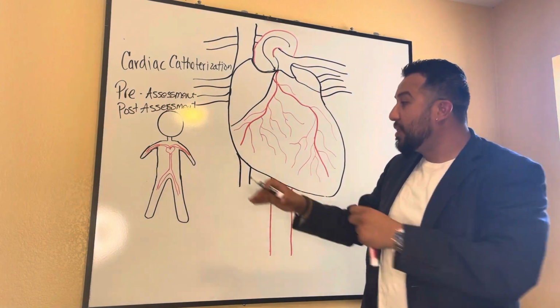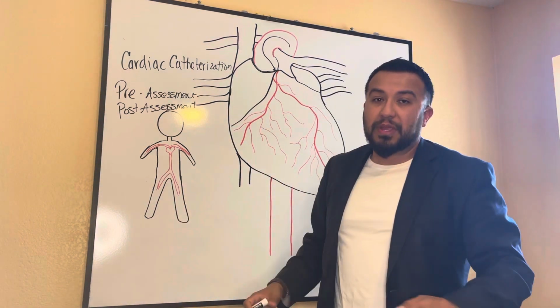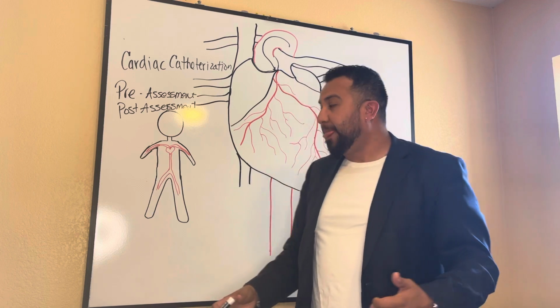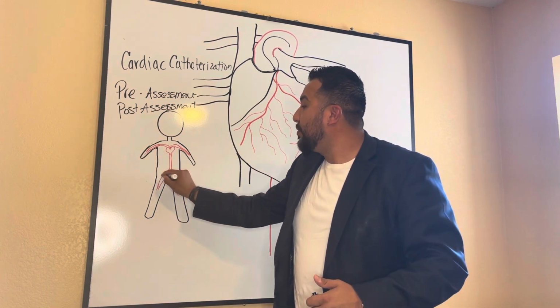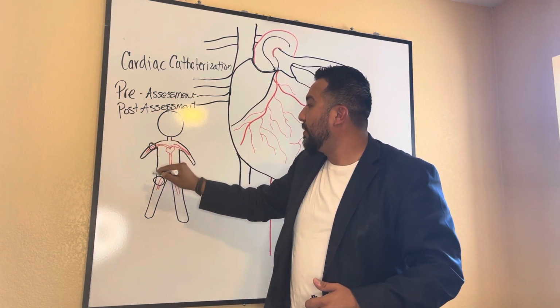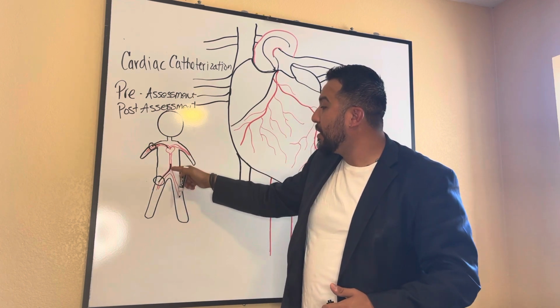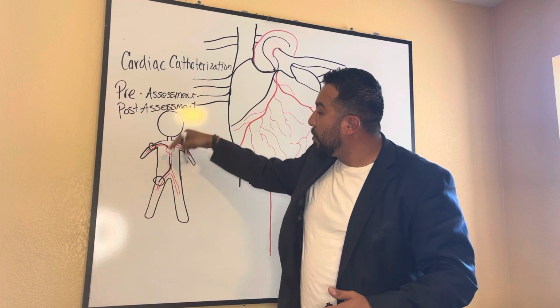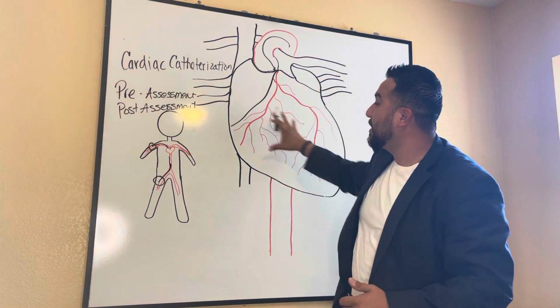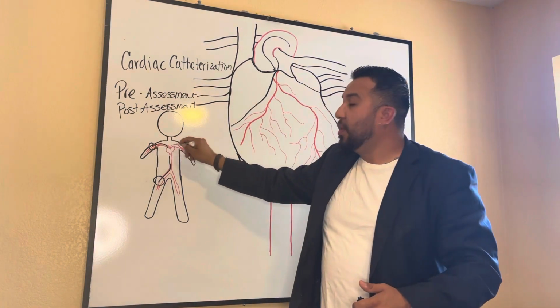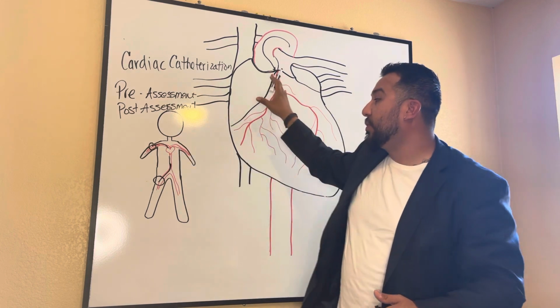So for instance, during the actual procedure, the patient's going to be on some degree of conscious sedation, and we're going to be inserting the catheter through the femoral or brachial artery, and the catheter will then make its way through the abdominal aorta, thoracic aorta, aortic arch, and inside the coronary circulation, or from the brachial artery through the aorta into the coronary circulation.